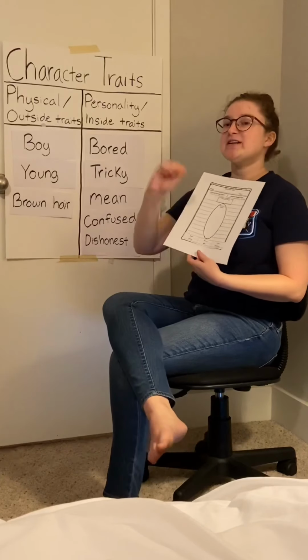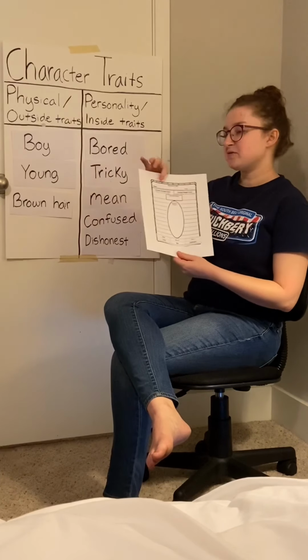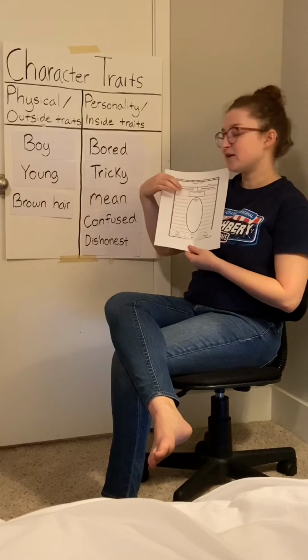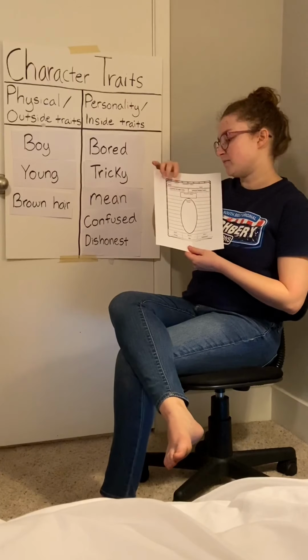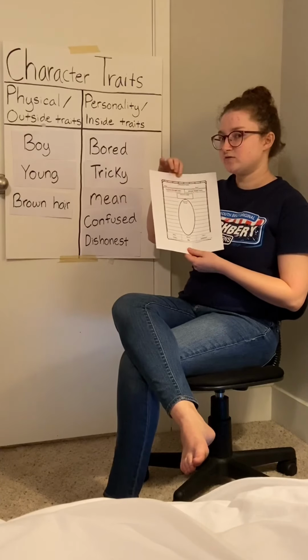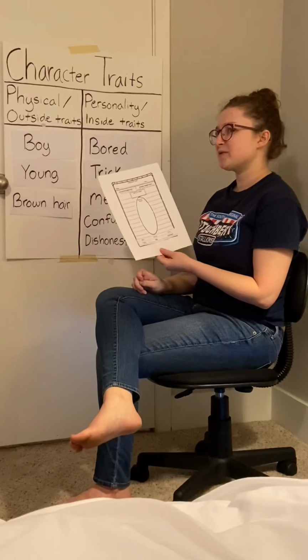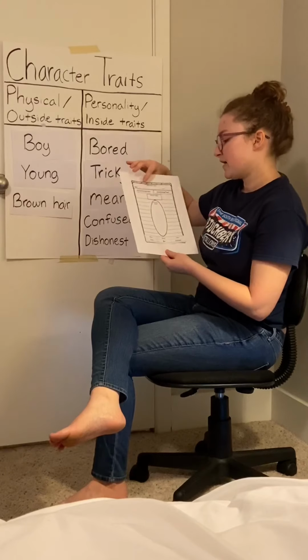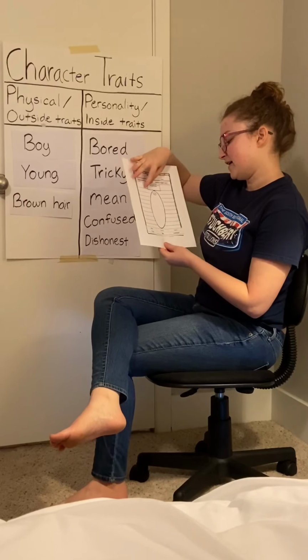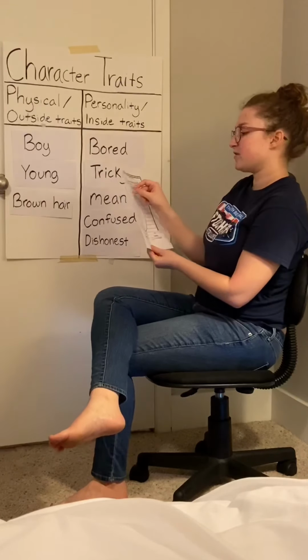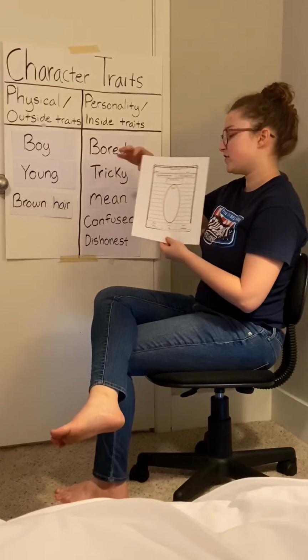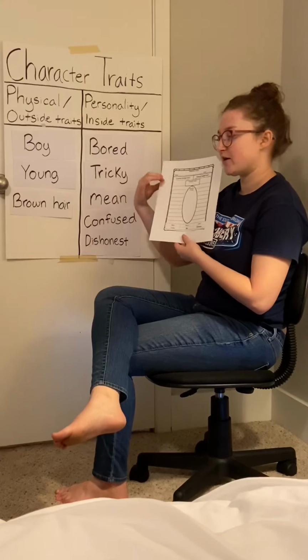You write your name. So after we write our name, I'm going to go up on the Elmo and then I'm going to give them a physical trait. So physical trait, what we see on the outside of the shepherd boy, is that he is short. So I'm going to write short on the left side for our physical outside traits.